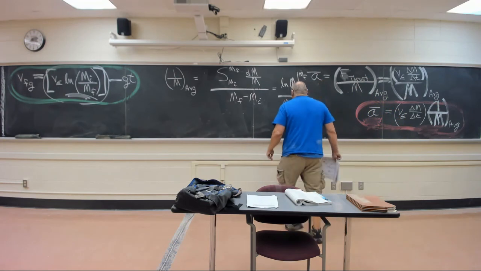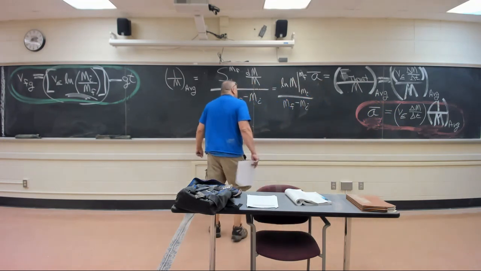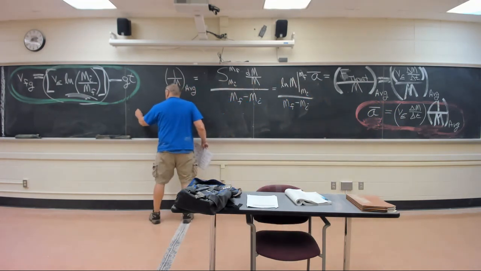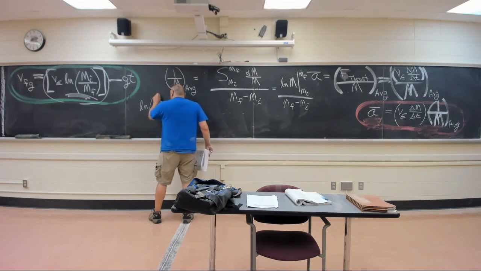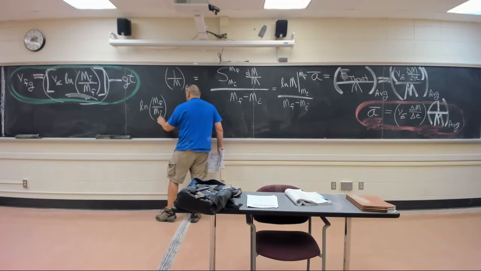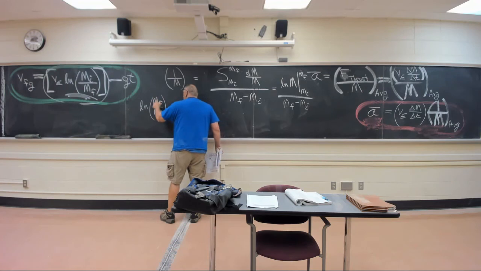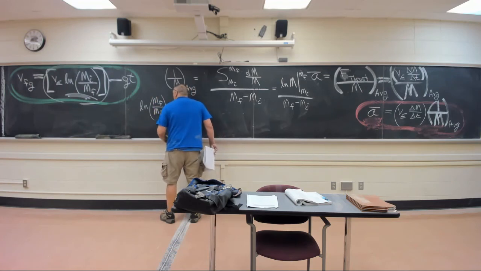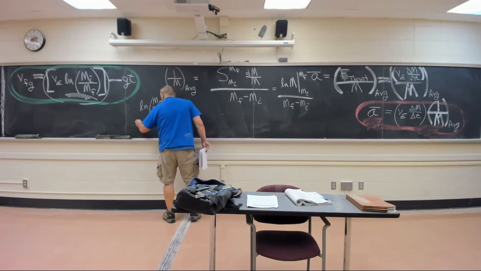That is going to be ln of Mf over Mi. That's going to be a negative answer. This is a ratio less than 1. It's a positive ratio, but it's less than 1. It's bigger than 0, but less than 1. The logarithm of a number less than 1, but greater than 0 is a negative number.